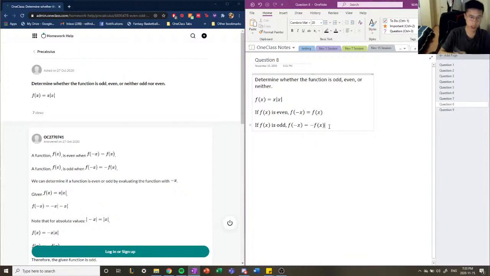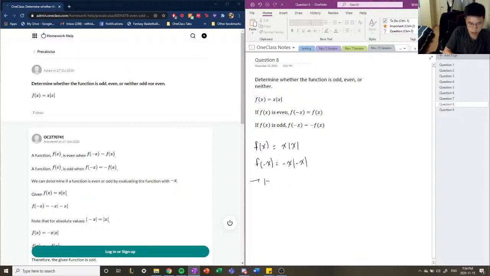Okay, so let's try to evaluate this now. So let's write down our original function here. F of x equals x times the absolute value of x. Okay, so let's say we have f of negative x. What would that be? Okay, so f of negative x would be negative x times the absolute value of negative x. So the way that absolute values work is that absolute value of negative x is also equivalent to the absolute value of x.